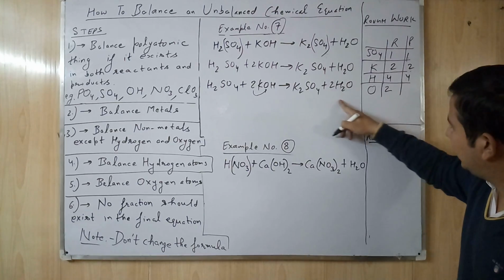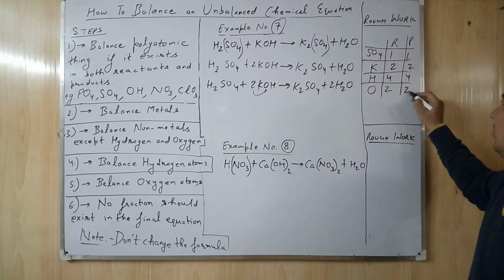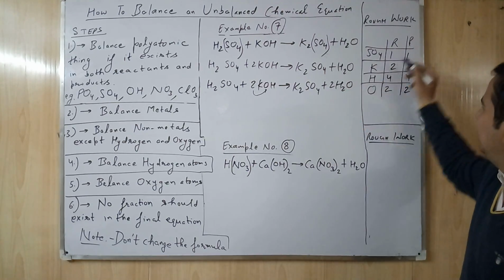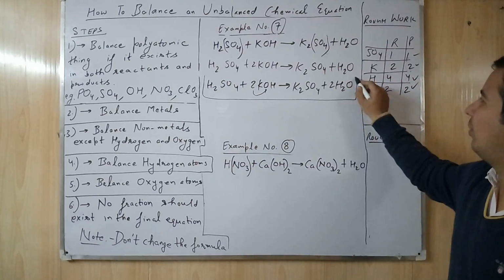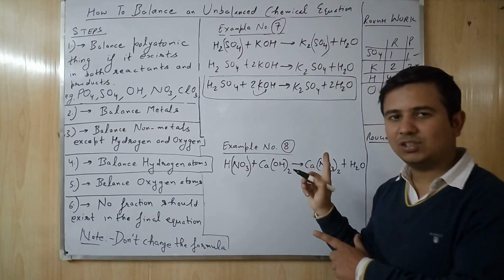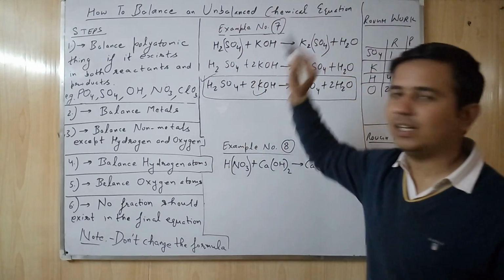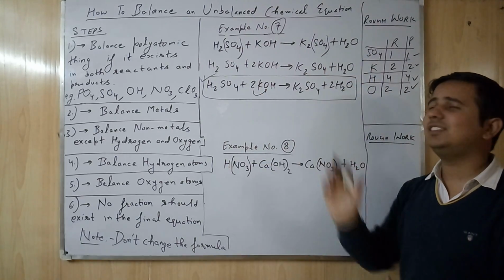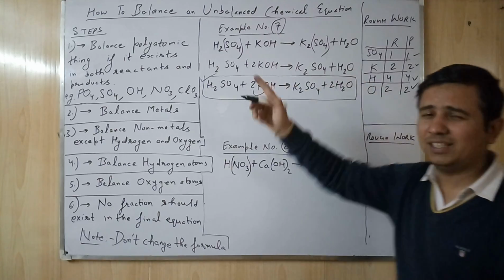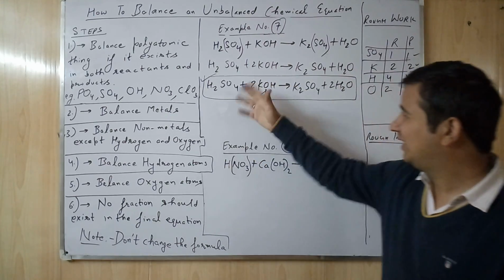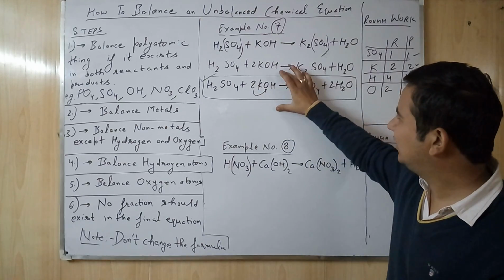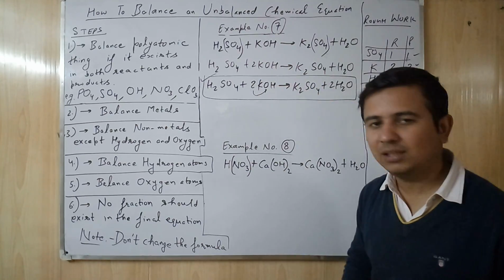So how many oxygen atoms are here? 2. So I am taking the reaction into a box. It means yes, this is balanced. This is my own trick. It is not a compulsory rule, I am just kidding. So we can say this is a balanced chemical equation.